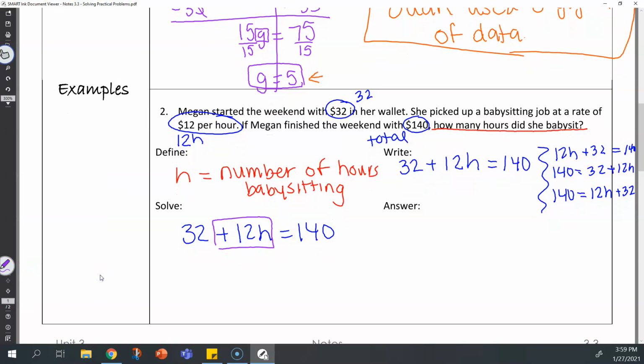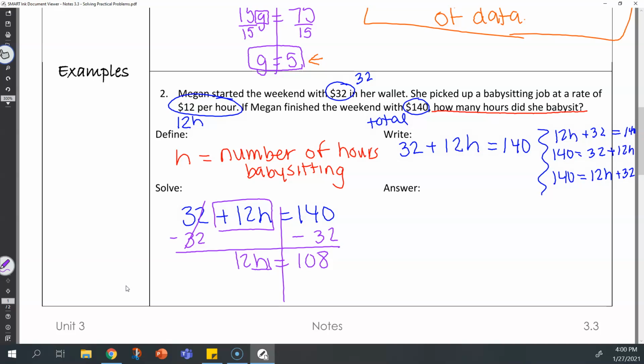So I need to get rid of 32 by subtracting 32 from both sides. 32 minus 32 reduces to 0, they go away. 12H comes down, 140 minus 32 equals 108. Then I need 12 to go away, so I'm going to divide by 12 on both sides. And I'm left with H equals 108 divided by 12 equals 9.